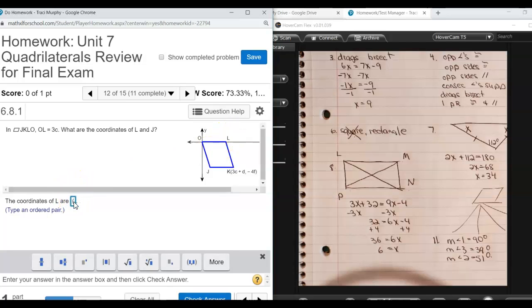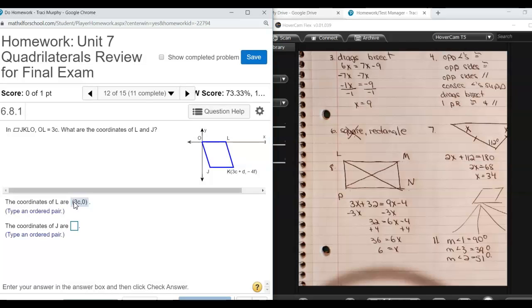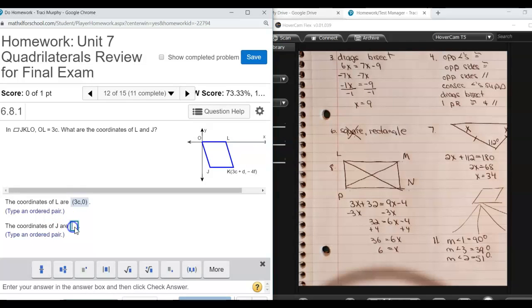So let's try your answer at 3C, 0. Then point J means we're going out this little bit, which corresponds with this little bit. So that means we are going out D, and we are going down the same amount that we did on point K, which would be negative 4F.